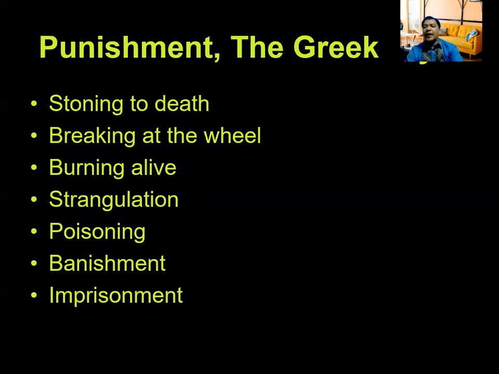Now, there are many variations of breaking at the wheel. Another variation, used in the latter part of the Greek civilization, is two pieces of wood or metal grinding each other, and they will place you in between, feet first, and then they will rotate it little by little, so that you will feel the pain of execution.